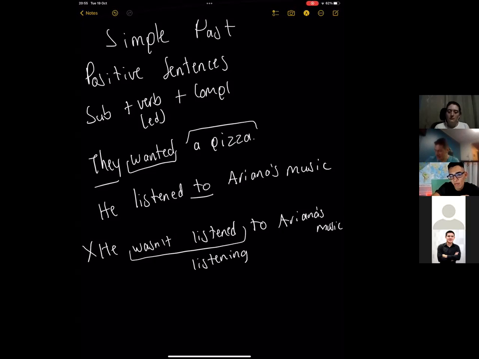Entonces puedo decir, he was listening to Ariana's music. Ahí sí, porque él estaba escuchando la música de Ariana. Pero en la primera, he wasn't listening, no. That one it doesn't work. Para eso sería mejor quitar el wasn't y dejar solo he listened to music.